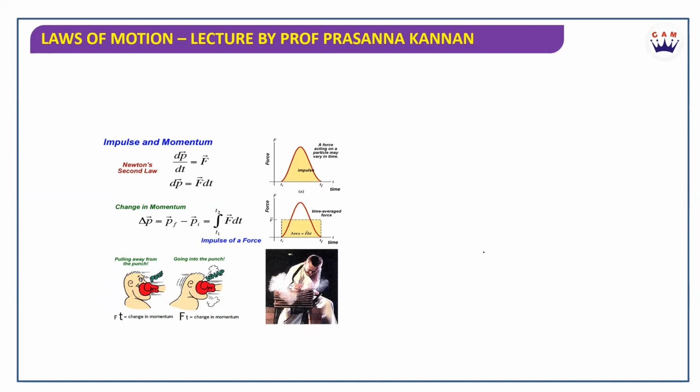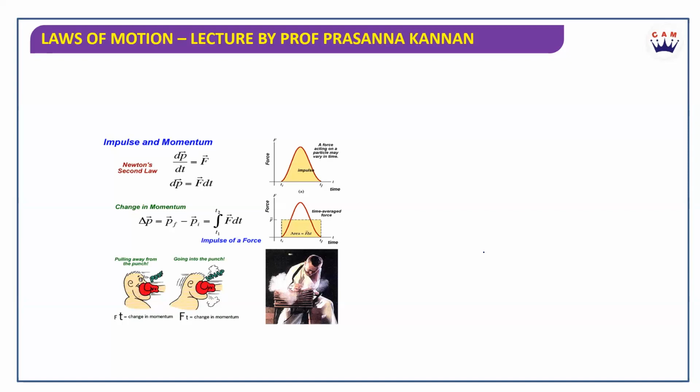The simplest way when you are solving physics is, whenever you are asked to find the integration of something, find the area under that graph. That is enough. So the area under the force-time graph will give you impulse. Now, see here, there is something called the time average force.